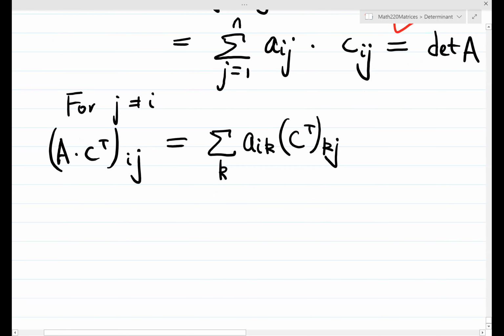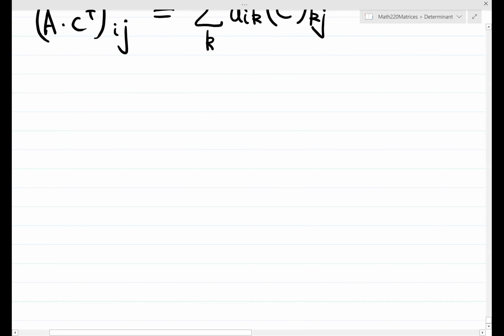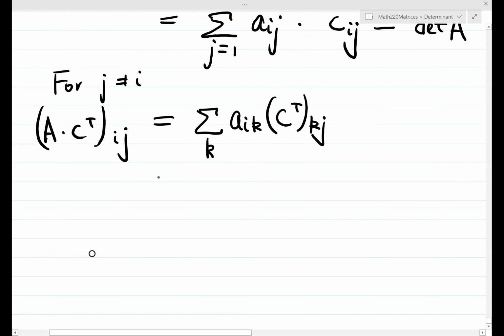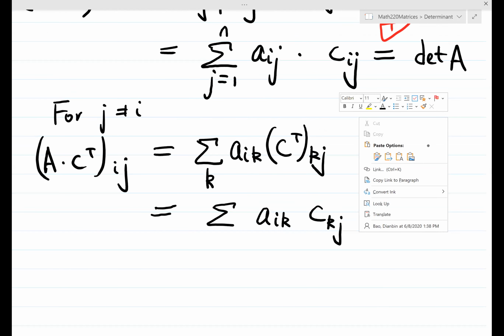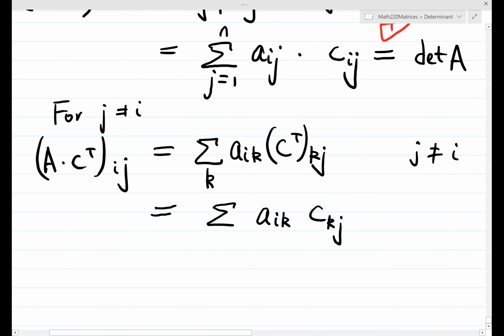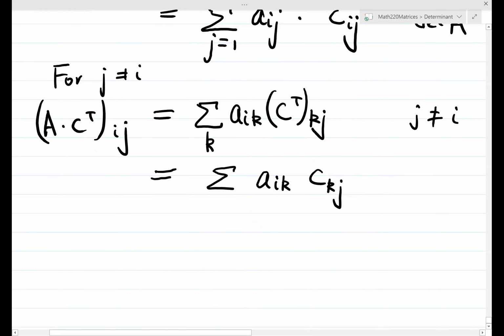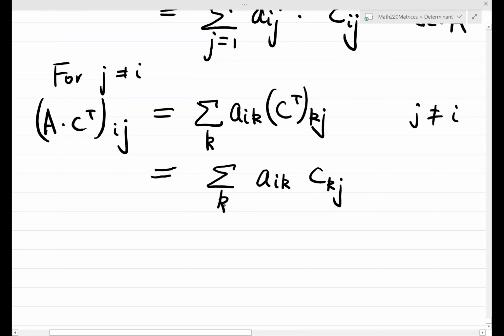We switch row number with column number and cancel the transpose, giving the sum over k of Aik times Cjk, where j is different from i.